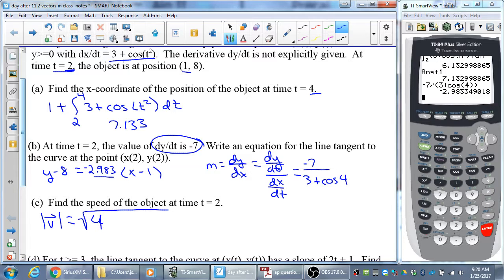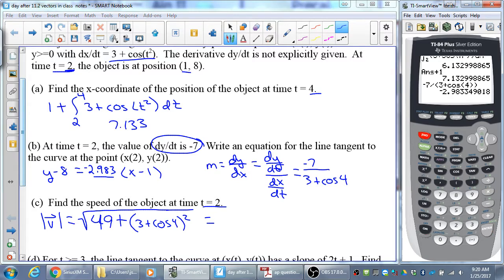That's going to be 49 plus 3 plus cosine of 4 squared. We're doing this at time t equals 2. So it's the square root of the derivative of y squared plus the derivative of x squared. So now we can find a value of the speed.